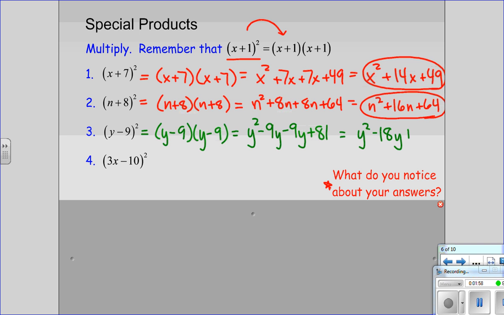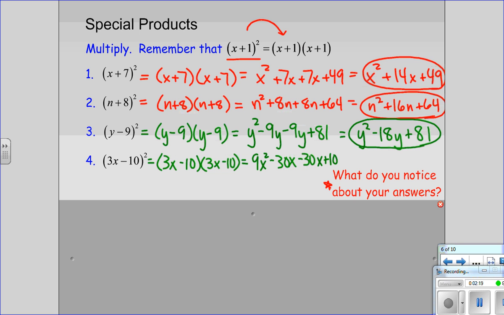And you combine like terms to get y squared minus 18y plus 81. In the last example, 9x squared minus 30x minus 30x plus 100. So the final product is 9x squared minus 60x when you combine like terms, plus 100.